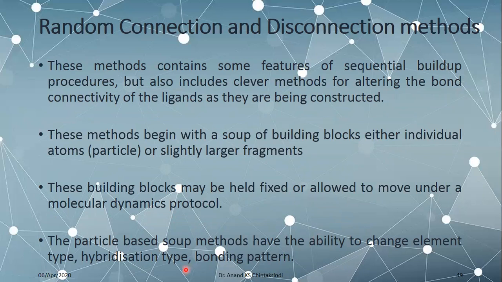However, these are similar to the sequential buildup method in that it places the molecular fragments and goes on building them up. But it is also clever by altering the bond connectivity of the ligand as it is being constructed. It can break that bond and add another fragment and look for the possible binding interaction.